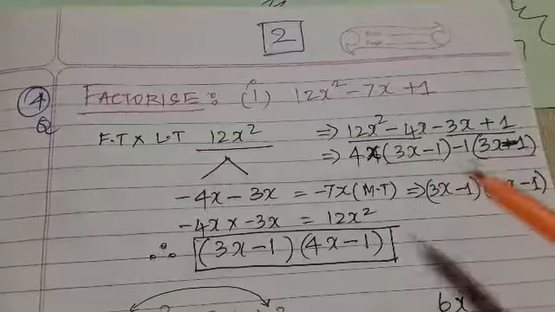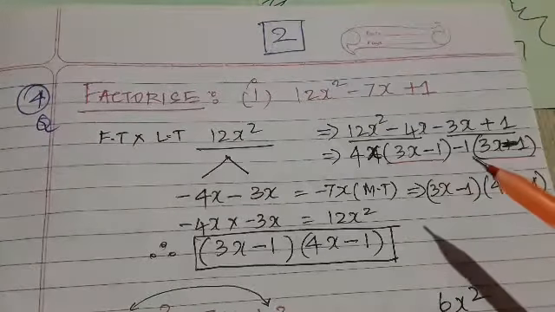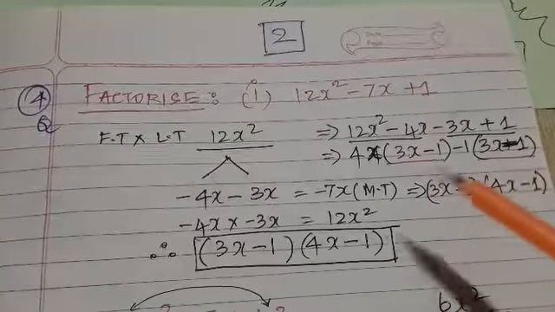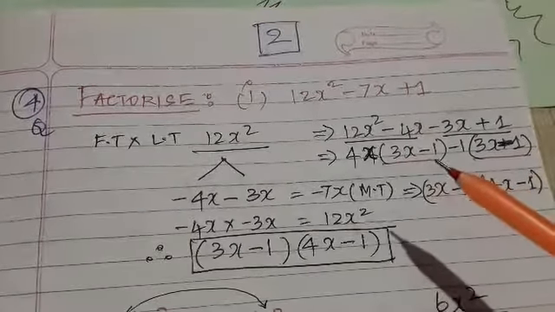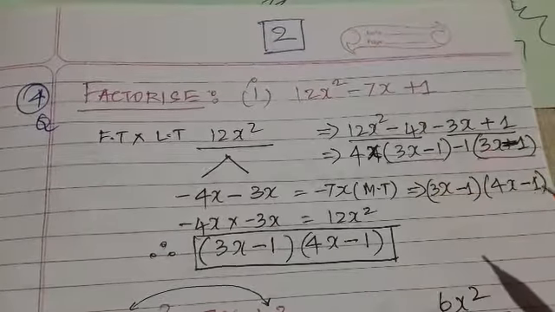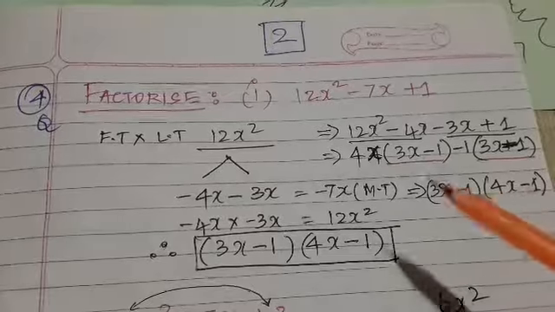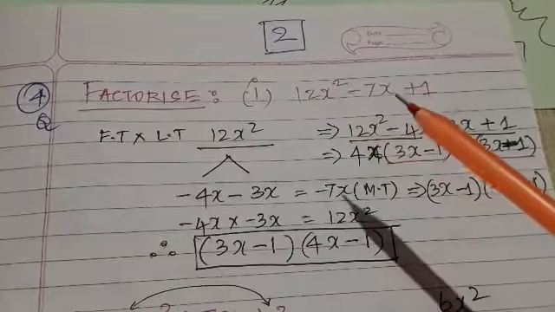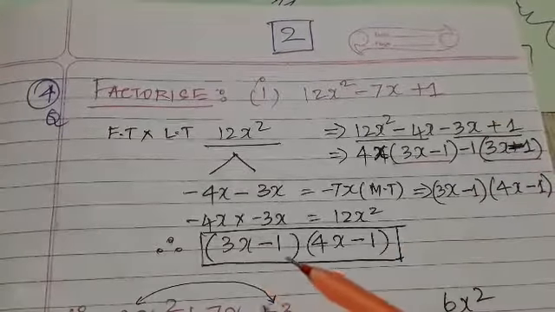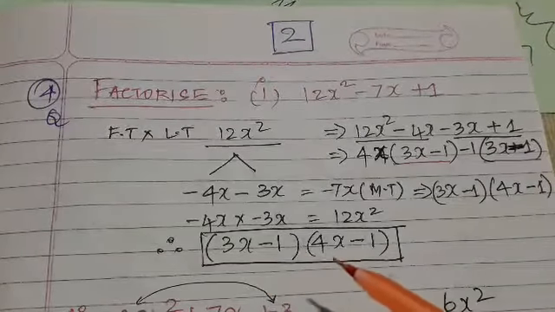And here also 3x minus 1 we need. So what is the common factor we need? Minus 1, we need minus 1. Then in that one, take the common factor 3x minus 1. I have taken one common factor, another factor 4x minus 1. So the expression 12x square minus 7x plus 1 is converted into the product of factors 3x minus 1 and 4x minus 1.